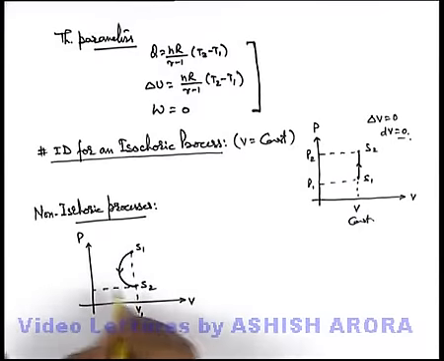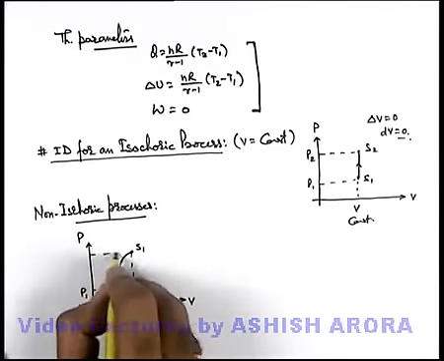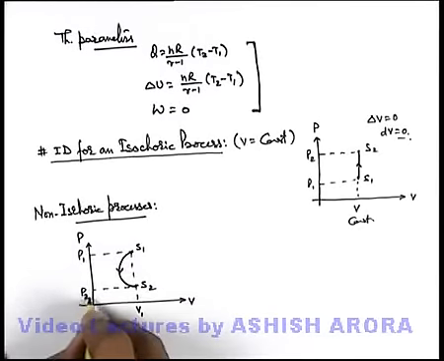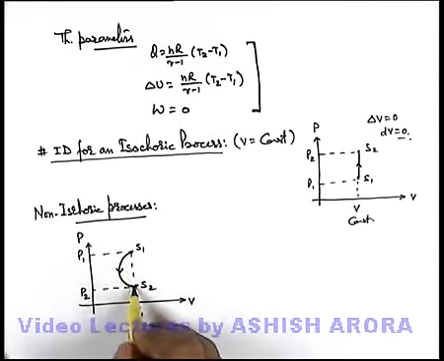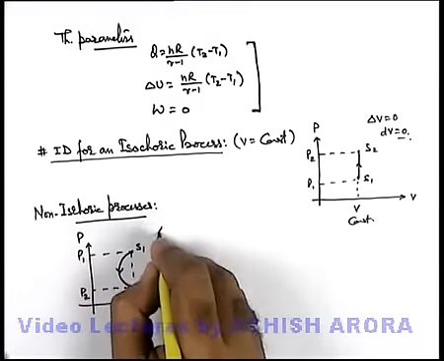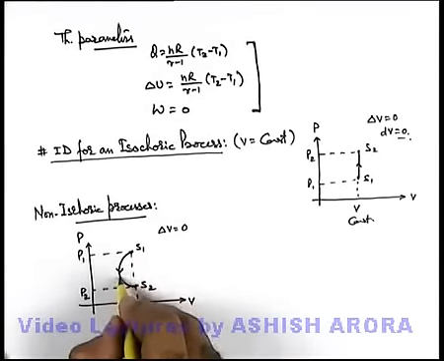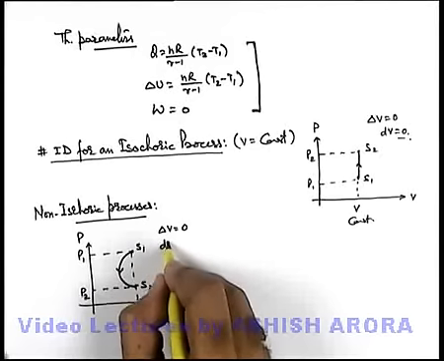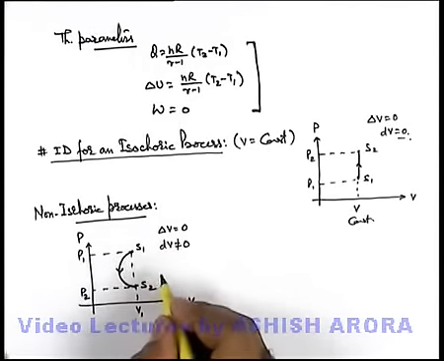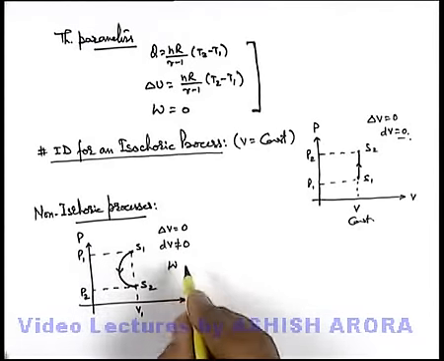You can see the pressure is changing from P1 to P2. The curve is moving like this, such that initial and final states have the same volume. So we can write here delta V is 0, but in between you can see the volume is changing, so dV is non-zero. So your work done will be non-zero.